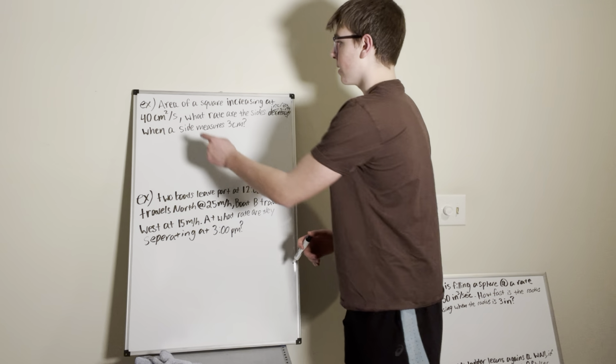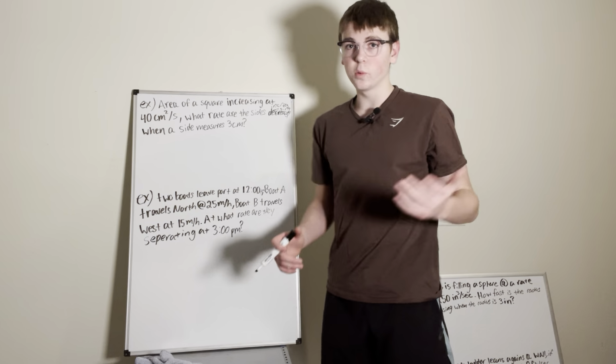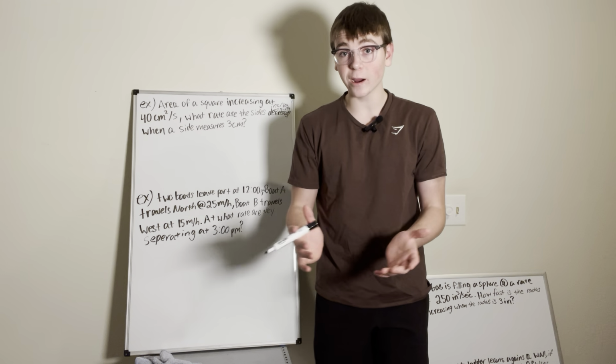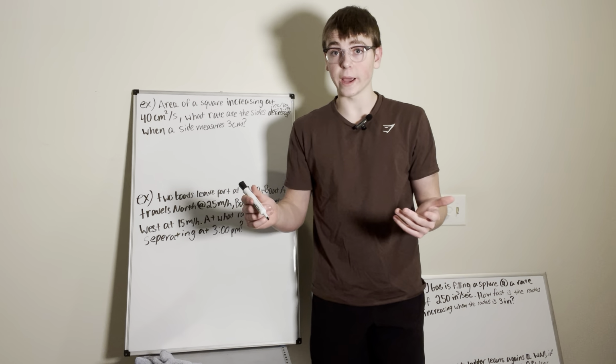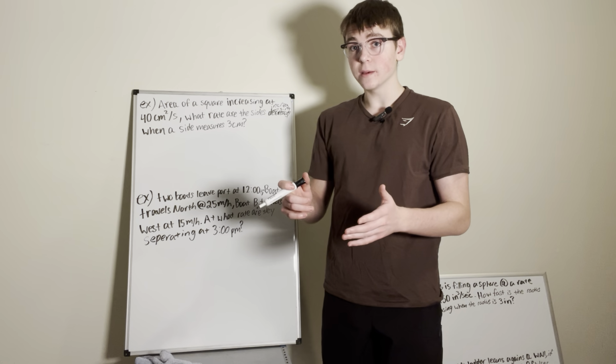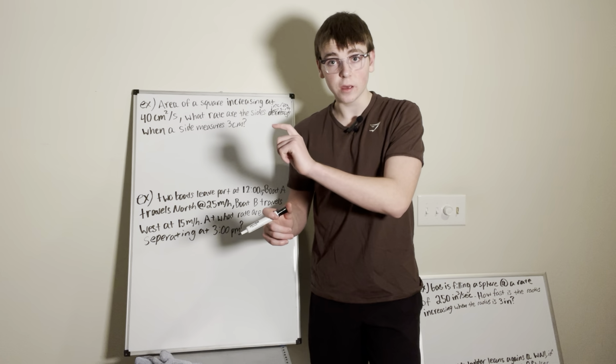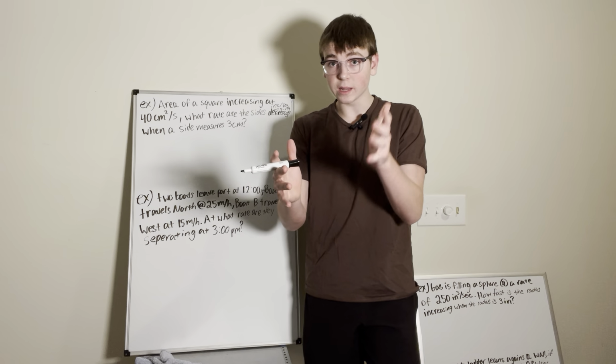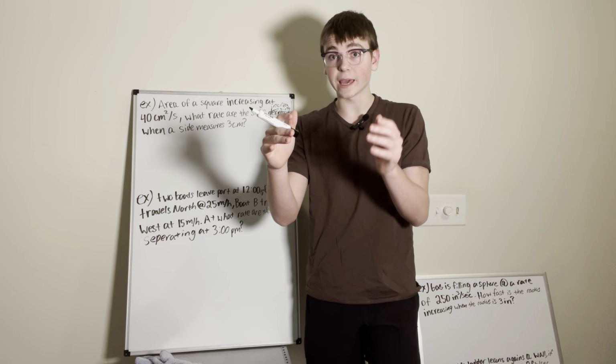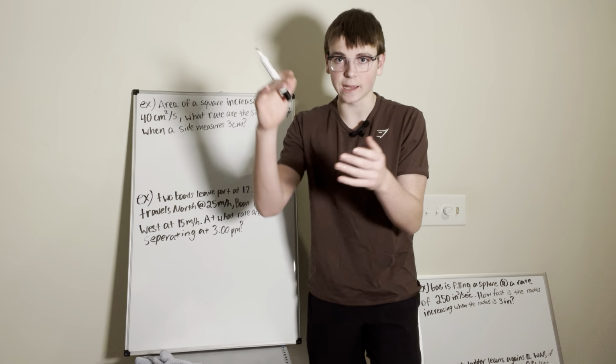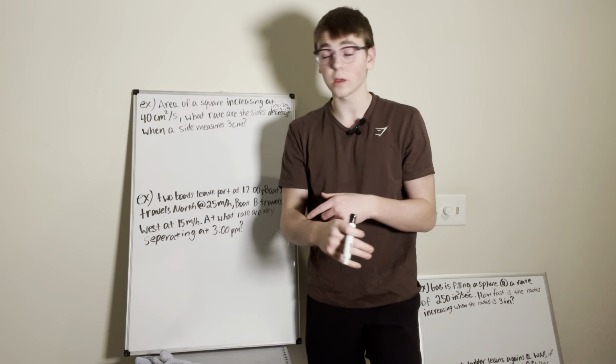Okay, so here again we have area and side, so we are probably just using the area formula for a square. A rectangle is length times width, but in a square the length and width are the same, so it's really length times length, which is side squared.